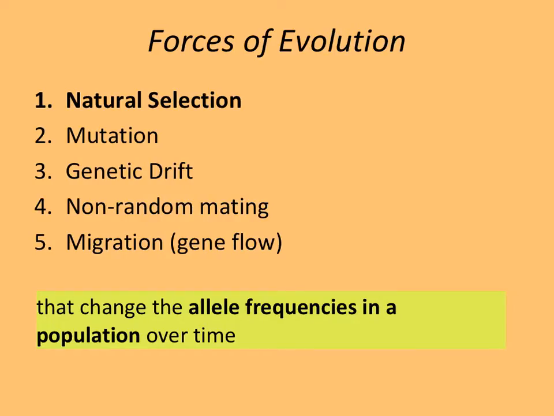So, I mentioned forces of evolution. We were talking about evolution by natural selection. That means we're talking about alleles that are deleterious, that means bad, or beneficial, good. And they don't have to be beneficial, perfect, or deleterious, terrible.